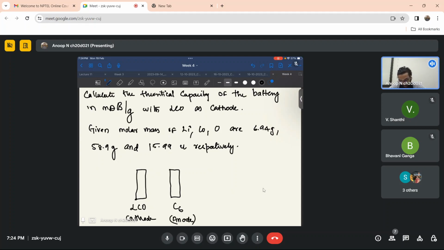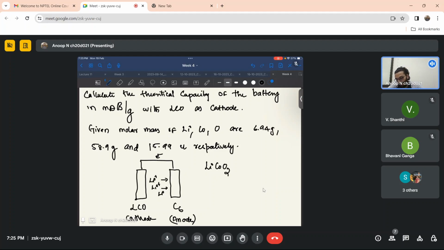Okay, here what happens? Lithium cobalt oxide, what is that? LiCoO2. It has lithium. During charging, what happens? Lithium in the lithium cobalt oxide will leave the material as lithium plus. It will go towards the anode, where electrons go through the external circuit, and it will get intercalated into the graphite layer.